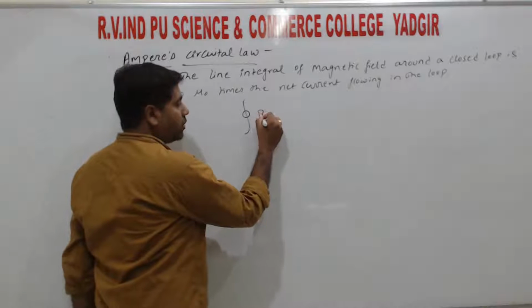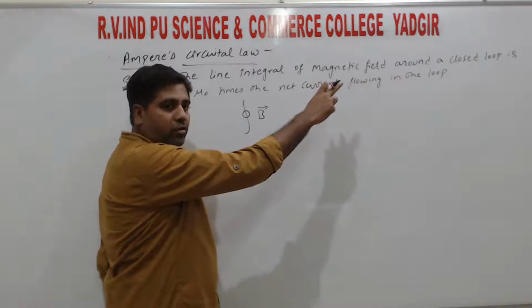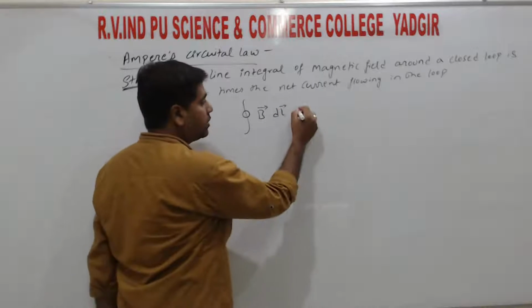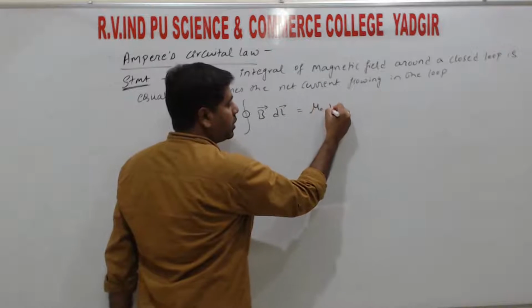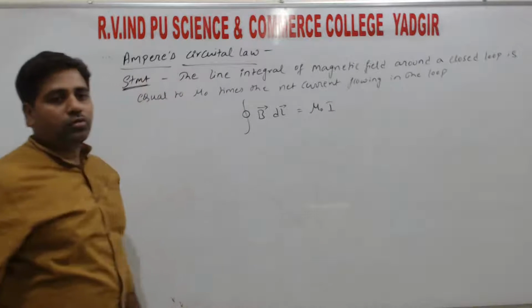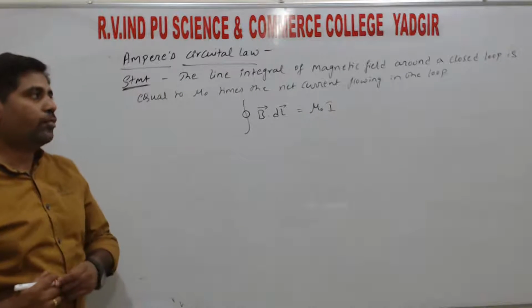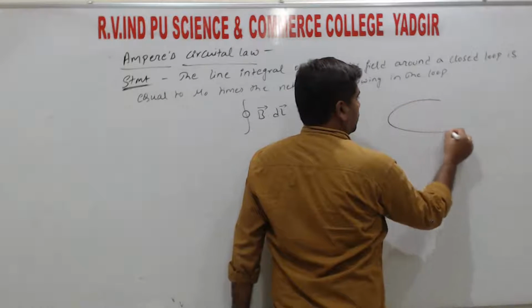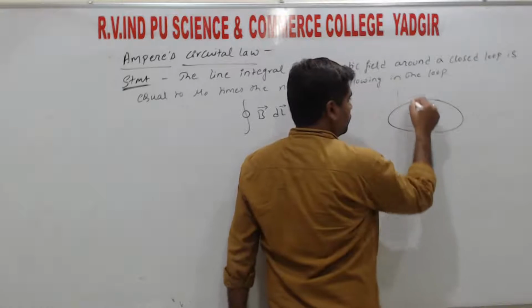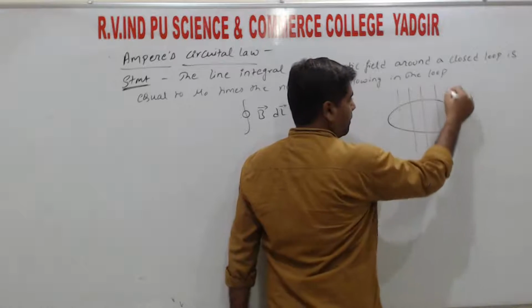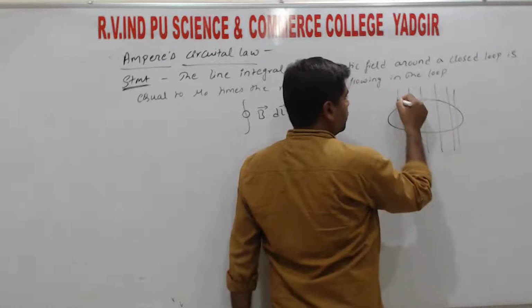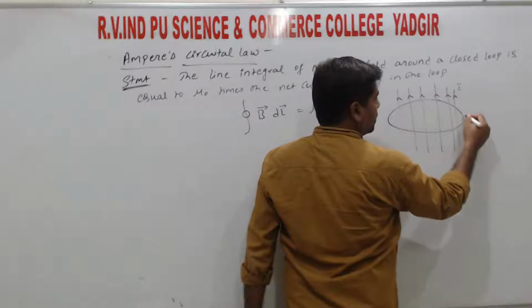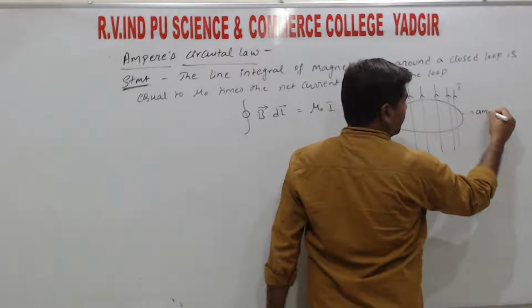So the line integral of the magnetic field around a closed loop is B dot dl, and that is equal to mu naught times the net current flowing through the loop, where the current is I and the unit is the ampere.